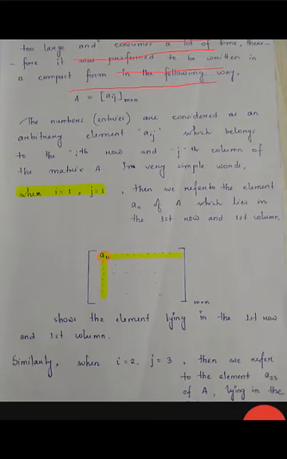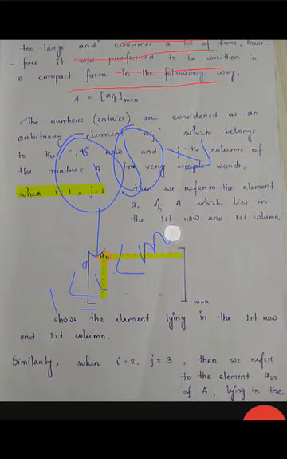And remember one thing, that the values of i and j should have some kind of restriction. The value of i should always lie between 1 and m. Similarly, the value of j should always lie between 1 and n.